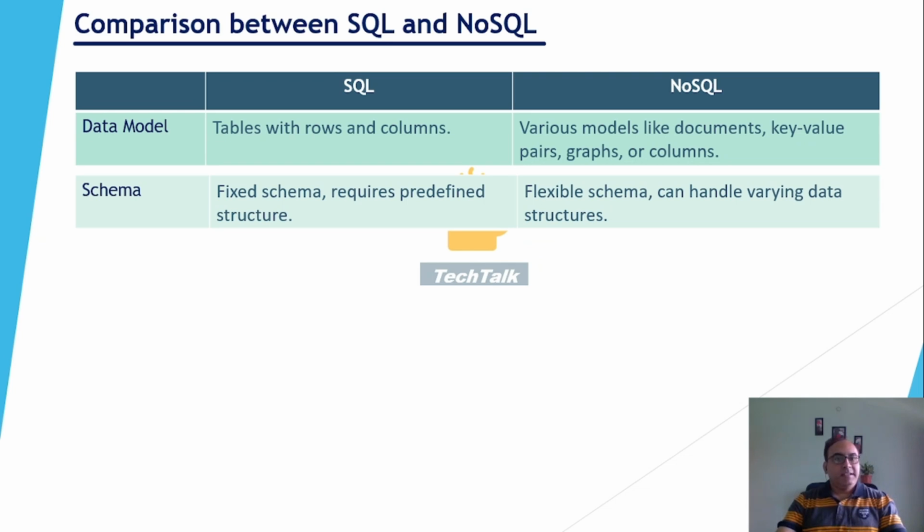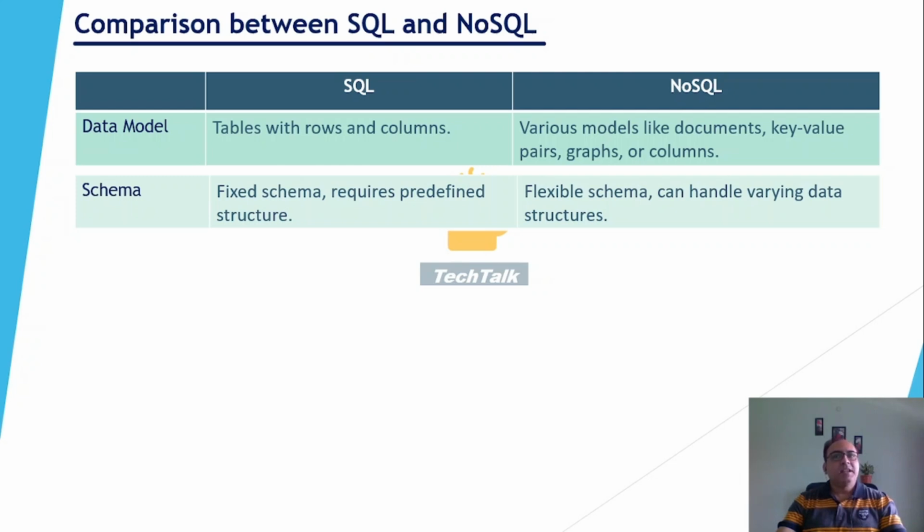Another difference is schema. In SQL databases, we have a predefined schema. It follows structured databases. In NoSQL databases, there is no predefined schema. At runtime, you can make changes in the schema. You can keep adding fields in the databases, or if you want, you can remove them.